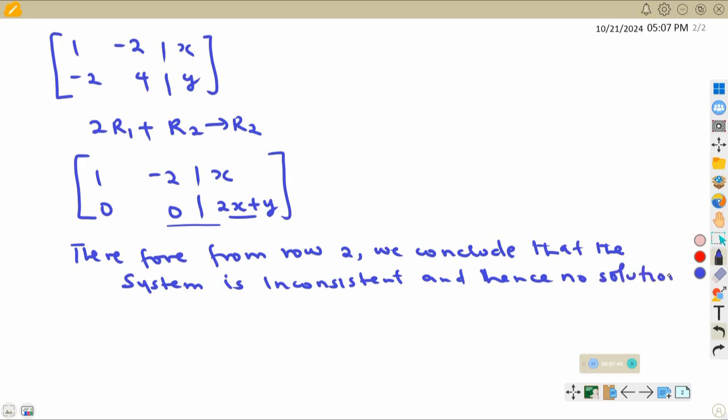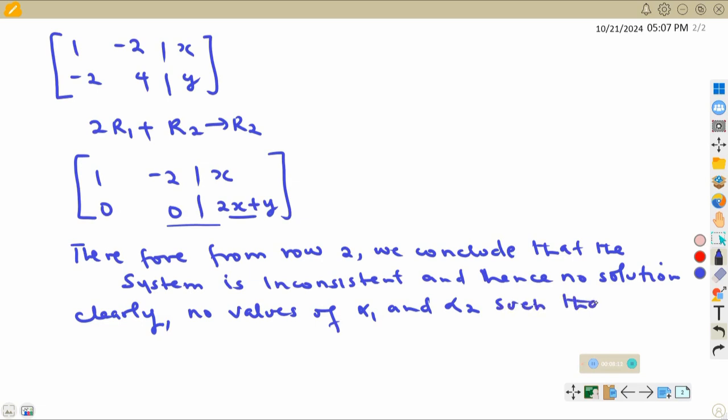And if that is the case, clearly we shall have no values of alpha 1 and alpha 2 such that alpha 1 v1 plus alpha 2 v2 will be equal to v.